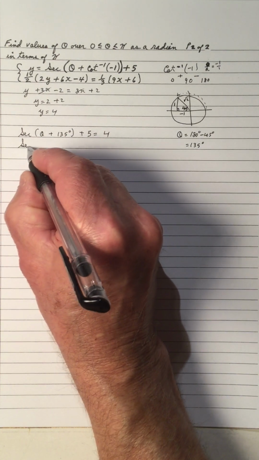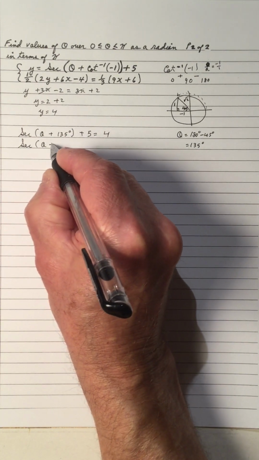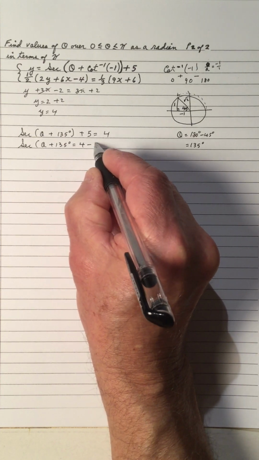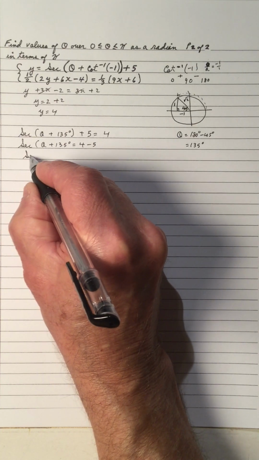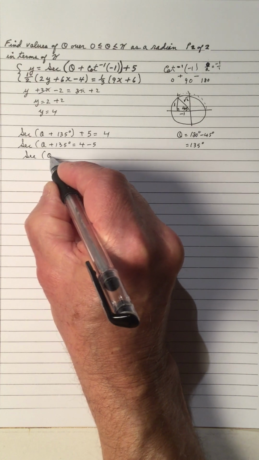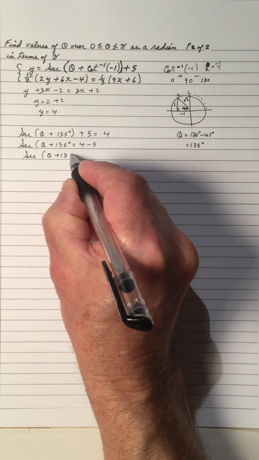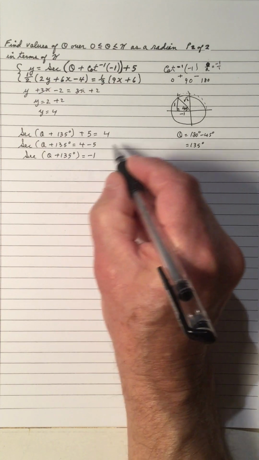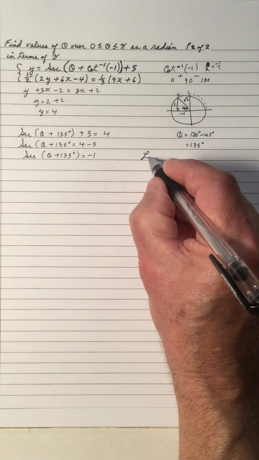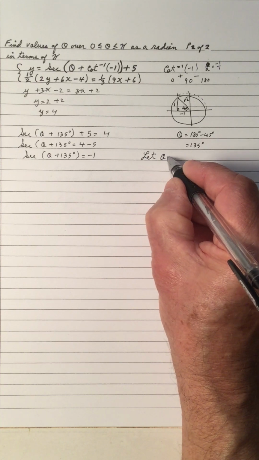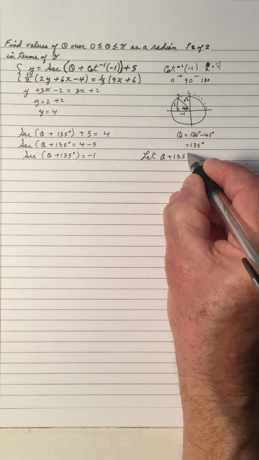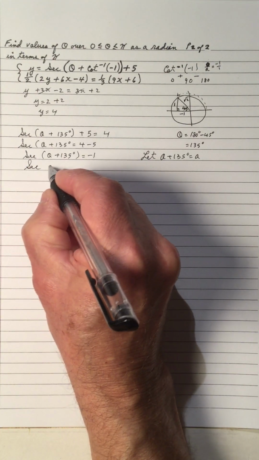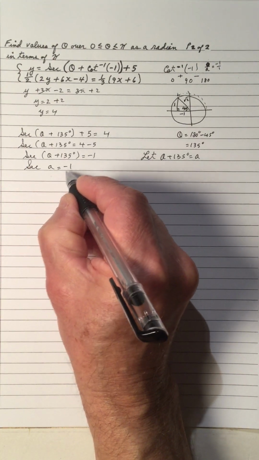So the secant of theta plus 135 degrees is equal to 4 minus 5, which is negative 1. So we let theta plus 135 equal A, and we have the secant of A equals negative 1.